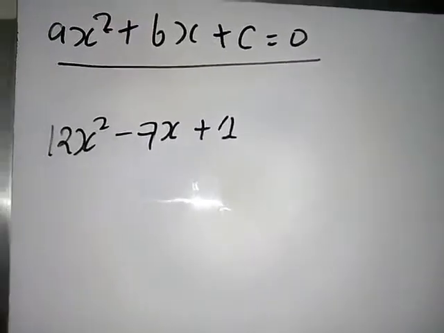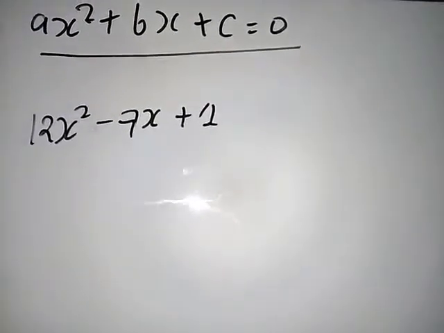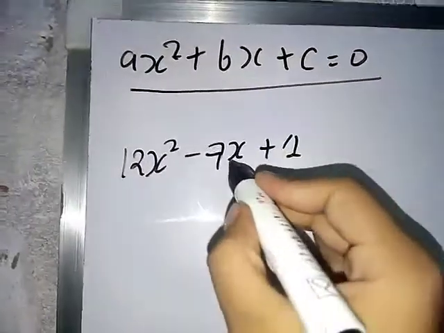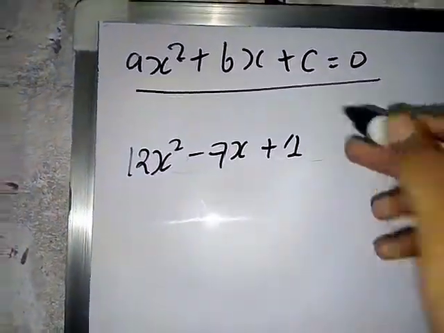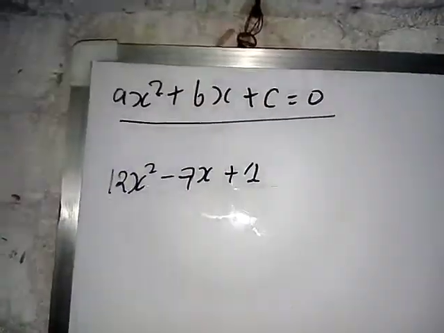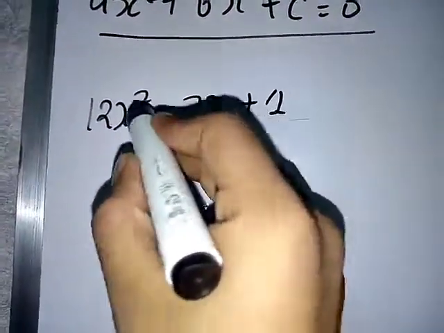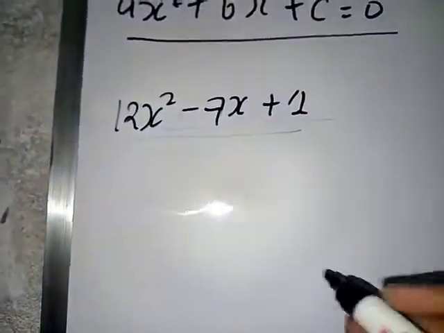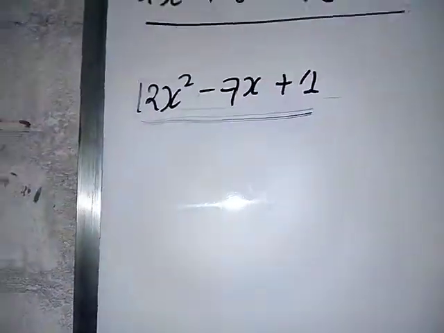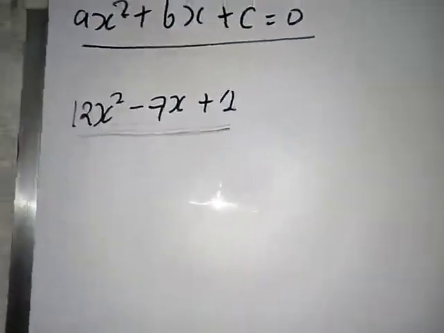It is a quadratic equation just like this. It is a normal type of quadratic equation. We would find the factors by both ways.